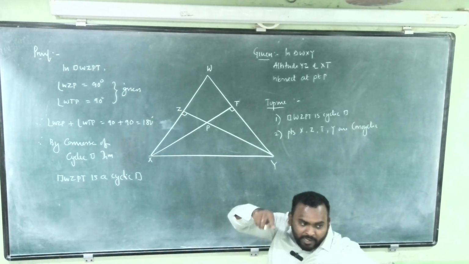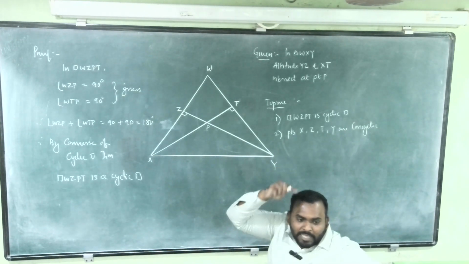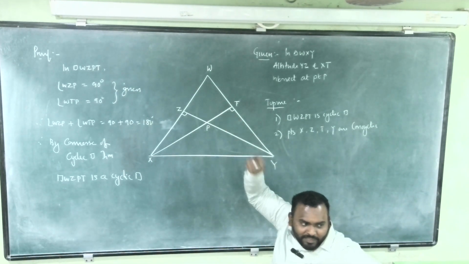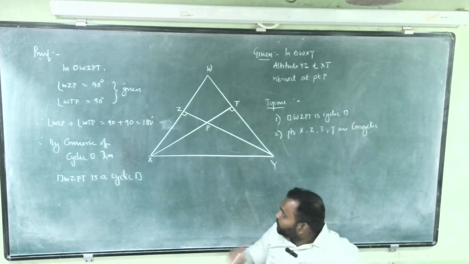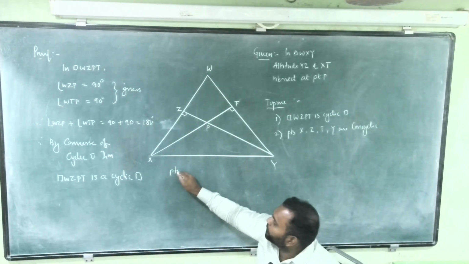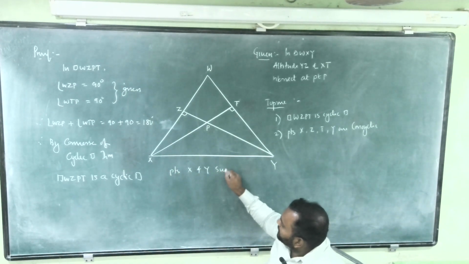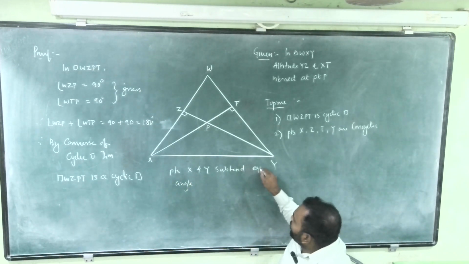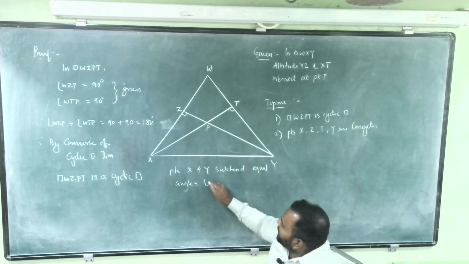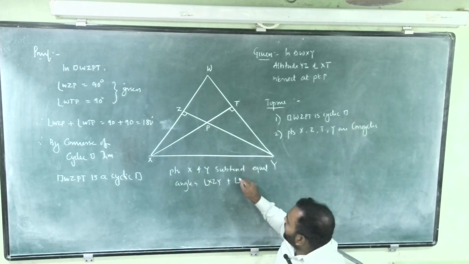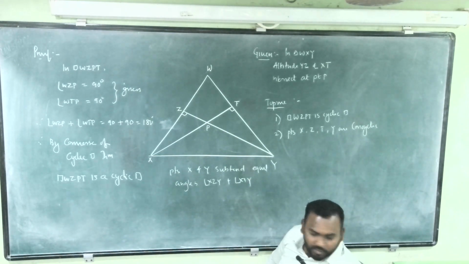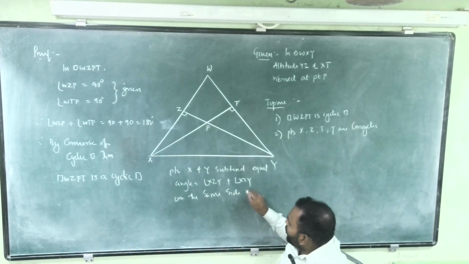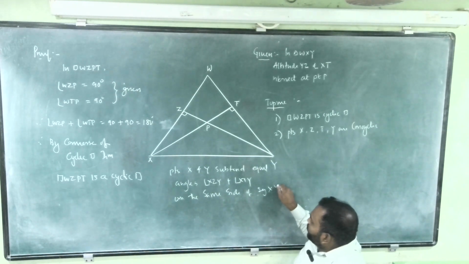And the theorem states that when 2 points on a line subtend equal angles at two distinct points on the same side, then they are cyclic. बराबर ना? तो यहाँ पे ऐसा लिखने का, points X and Y subtend equal angles, angle XZY and angle XTY, on the same side of segment XY. समझा?